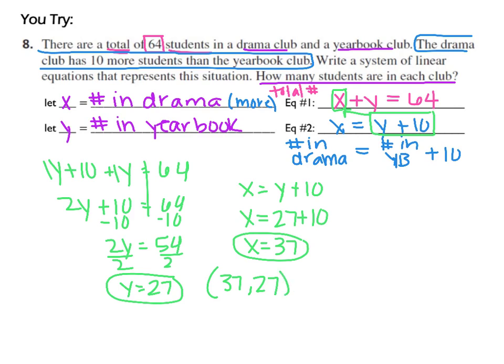But since this is a word problem, answering as an ordered pair isn't as important as answering in words. If I go to answer in words, how many students are in each club?